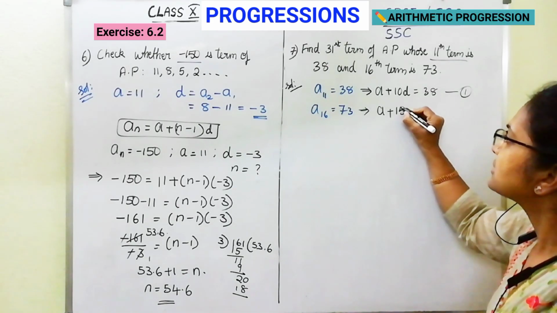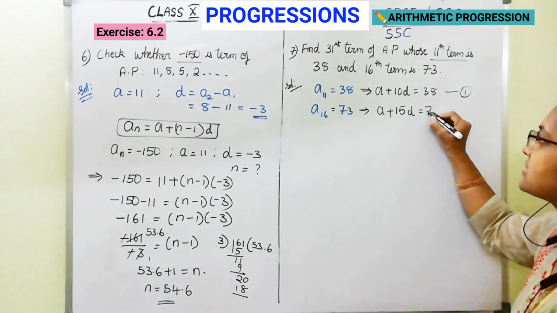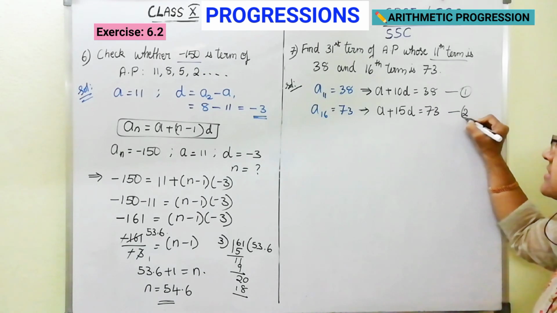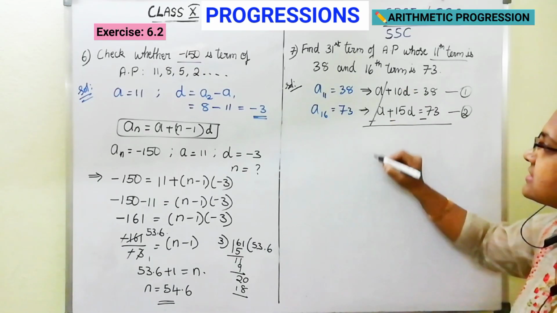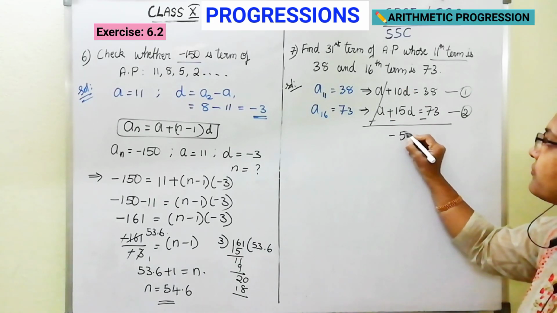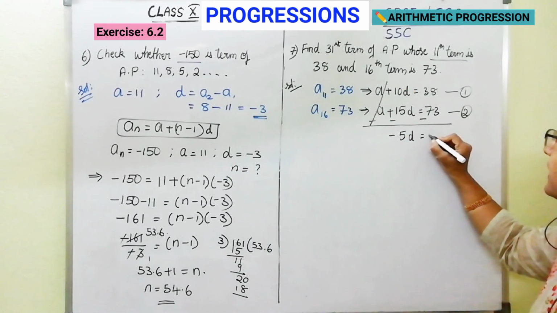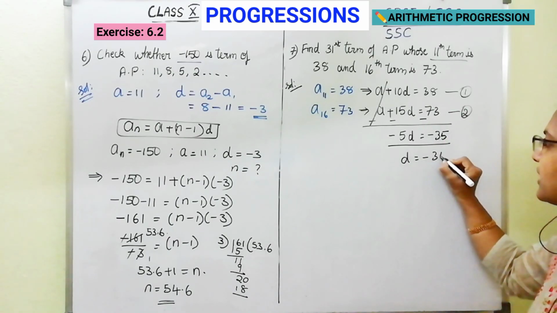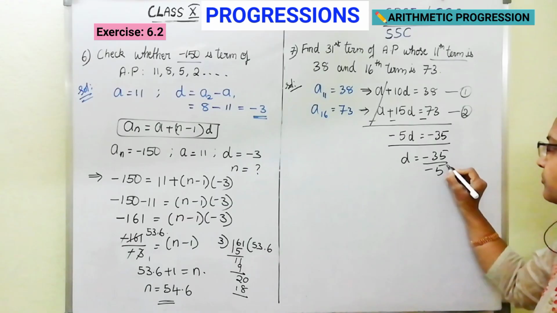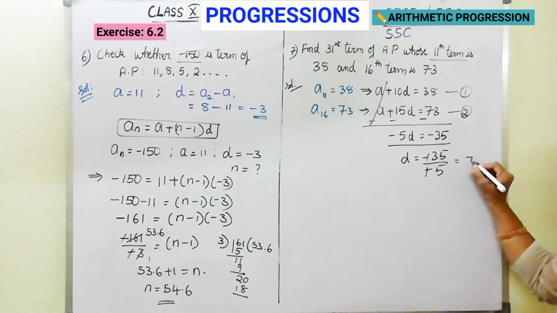Very good. A plus 15D is equal to 73. This is our second equation. Very clearly it's an elimination method. So we cancel A. So minus 5D, when we subtract, is minus 35. So D is equal to minus 35 by minus 5. Minus minus cancel, which is 7.